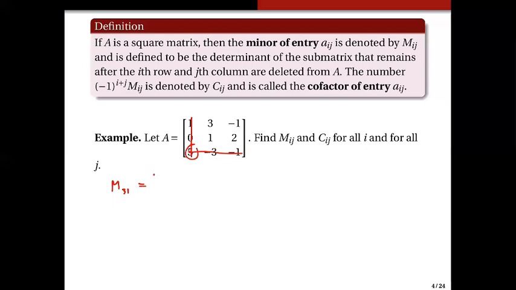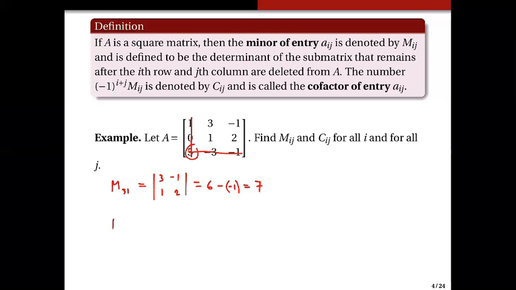We only have the determinant of 3, -1, 1, 2. So this is equal to 3 times 2, that's 6, minus 1 times -1, that's -1. So this is equal to 7.